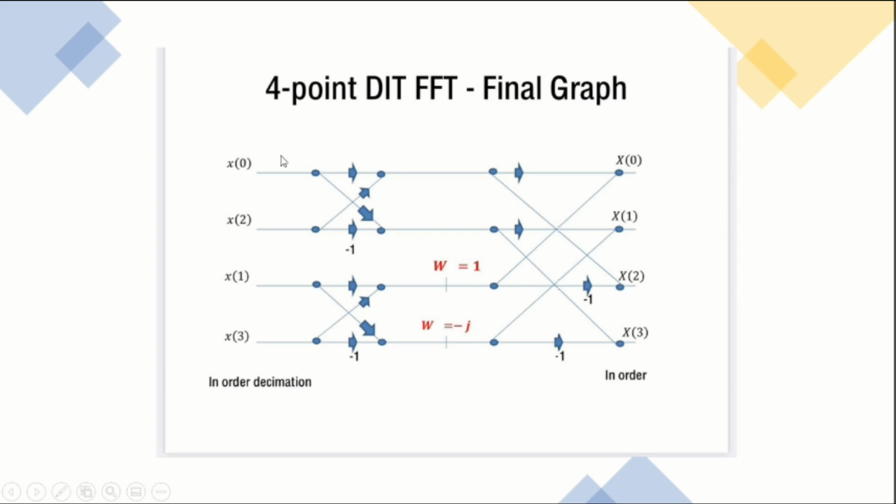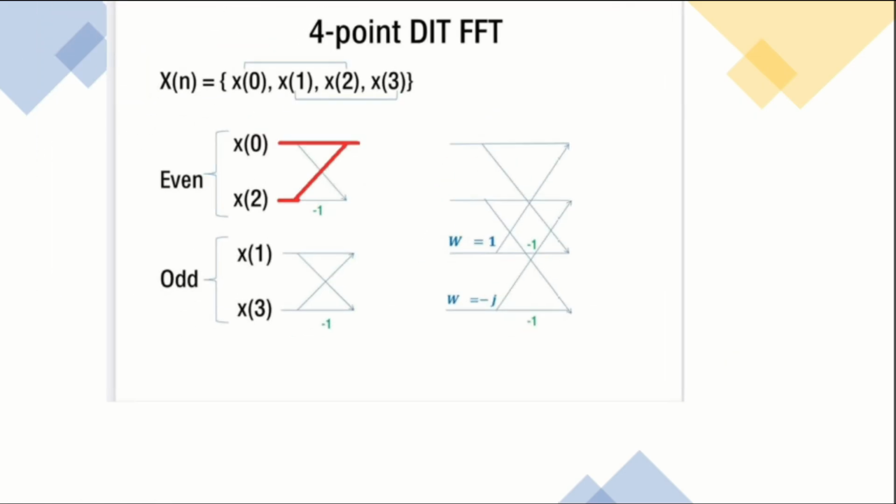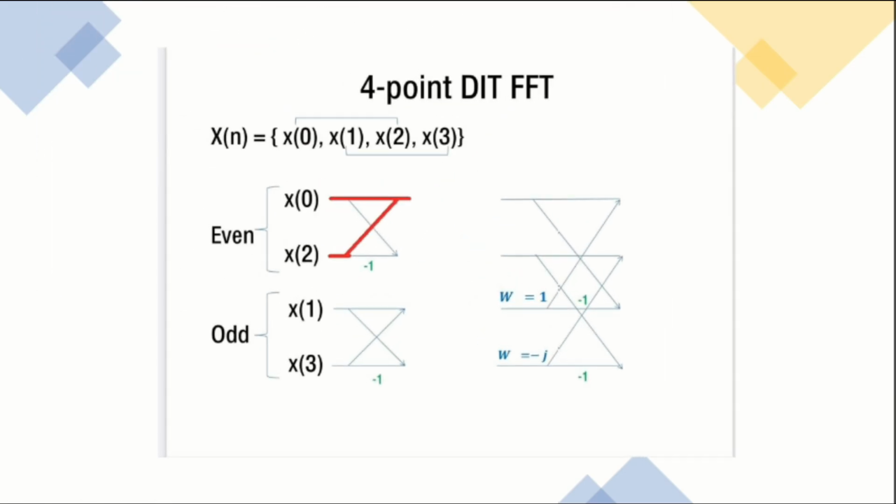Here is sn: 0, 2, 1, 3, and here is Sk: 0, 1, 2, 3. First, we need to calculate the first part for line 1 and line 2, using their particular input numbers. 0 plus 2 is equal to 2.